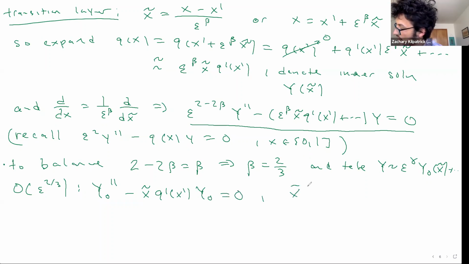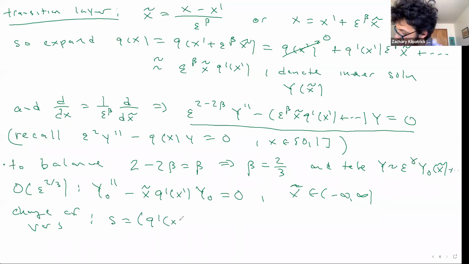And x tilde in this case is just going to be on the real line because we have this stretched inner layer, right? This transition layer that's happening right at x prime. Now, if I make a change of variables, I can take s is equal to q prime x prime to the 1/3 x tilde.